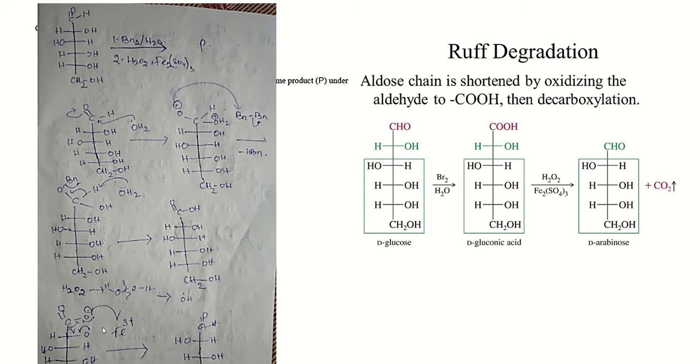The second step follows a free radical reaction path, and you are seeing that hydrogen peroxide is converted into OH radical, and it will go through a radical mechanism. Here you are seeing decarboxylation takes place and forms this product. Hence the product is D-arabinose.